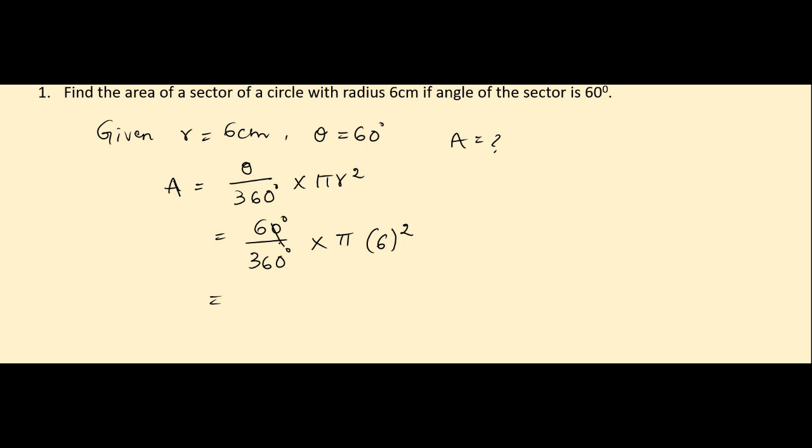Here 0 gets cancelled, 6 ones are 6, so 1 by 6 into pi into 6 square, which means 36. 6 sixes are 36, so what is the answer? 6 pi.